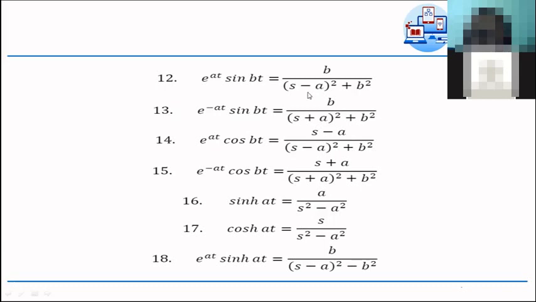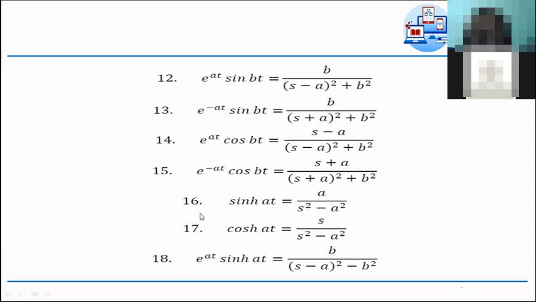Again, be careful of your sign. Next, number 14 formula. e raised to a multiplied by t cosine b multiplied by t is equal to s minus a all over the quantity s minus a squared plus b squared. Next formula, e raised to negative a multiplied by t cosine b multiplied by t is equal to s plus a divided by the quantity s plus a squared plus b squared.